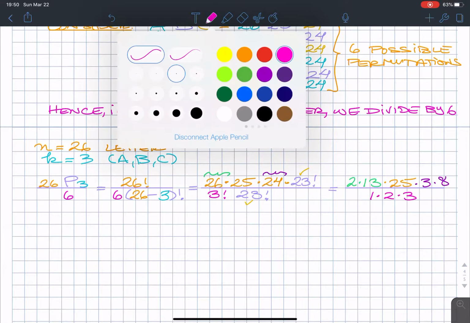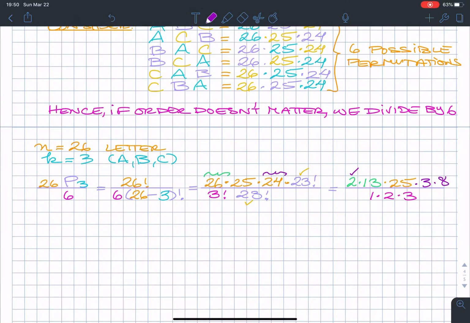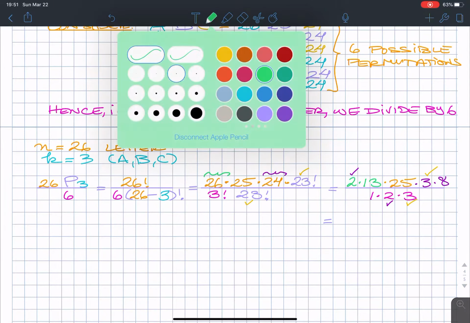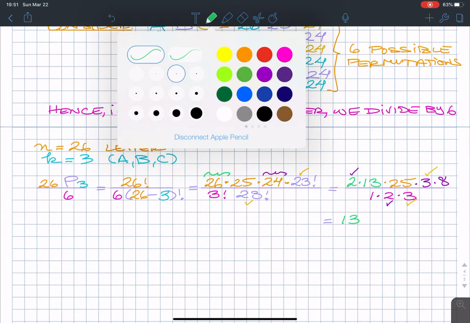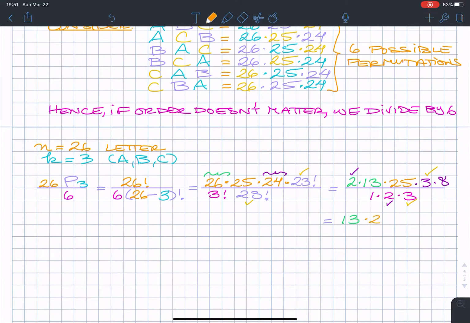So what I can do is I can reduce the 2, and I can reduce the 3. And so what am I left with? I am left with 13 times 25 times 8.